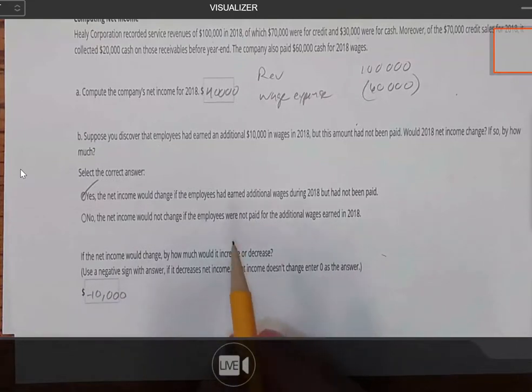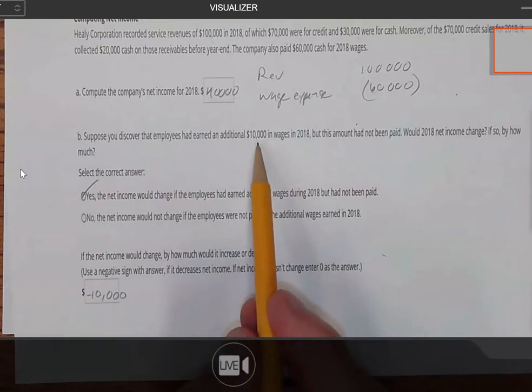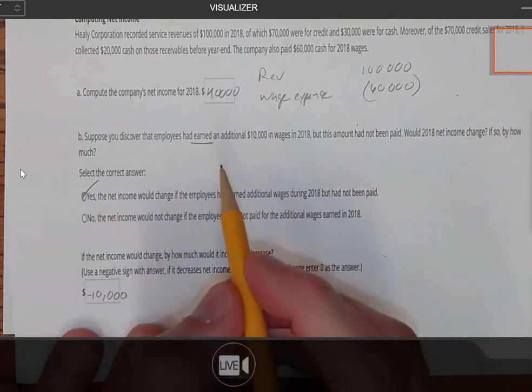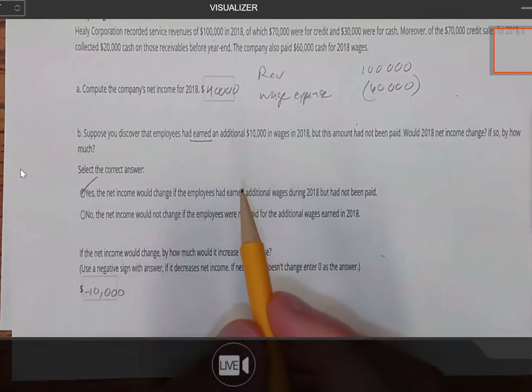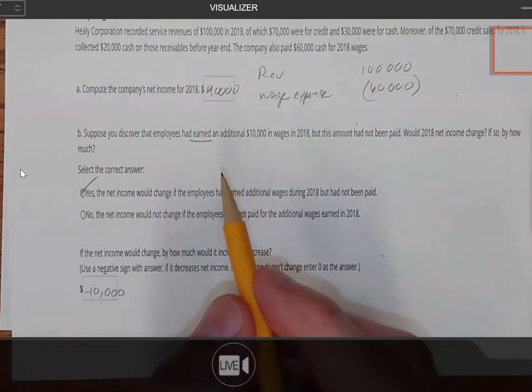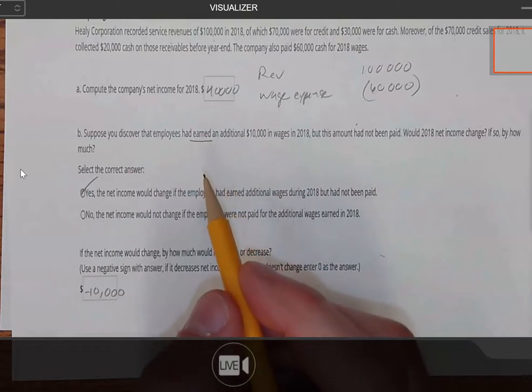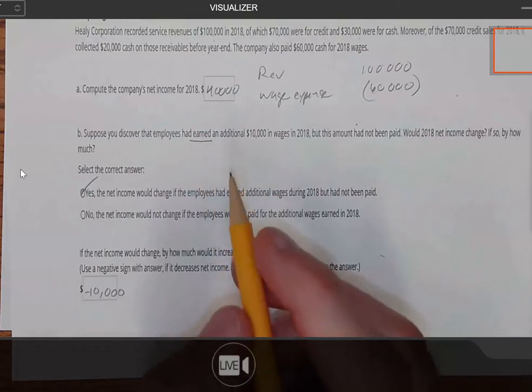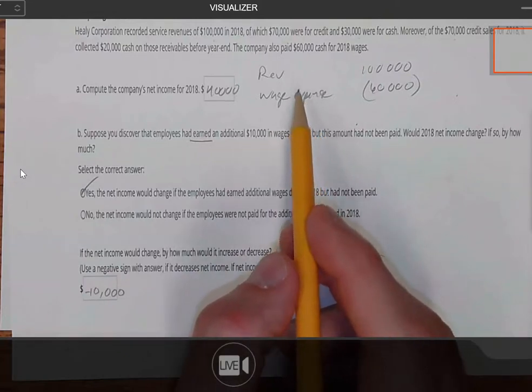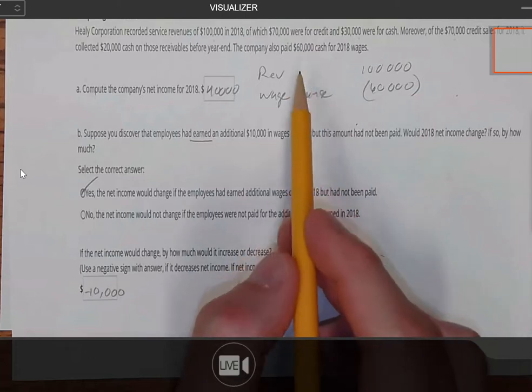So again, same story. This is the accrual basis of accounting. The fact that wages had been earned is what matters. So what we really have going on now is $100,000 in revenues minus $70,000 for wage expense. We don't recognize wage expense when the cash goes out, which is what it looks like the way this is worded.